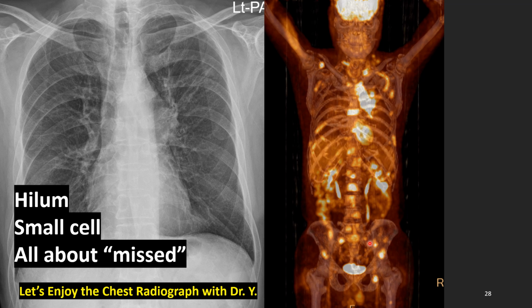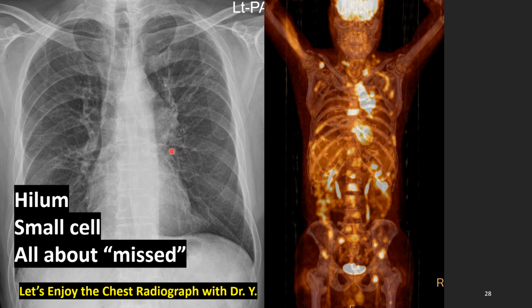Oh my gosh, what happened to this patient at the same time the chest radiograph was taken? This is tumor, and almost all of his body has metastasized small cell lung cancer cells and tumors.